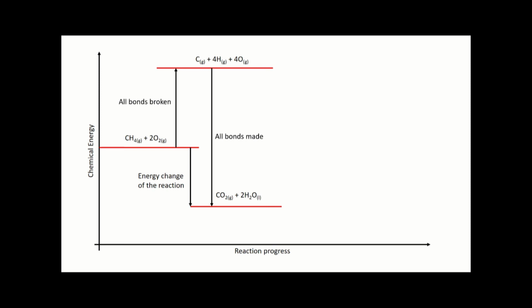All of the bonds made there is going to release an awful lot of energy. You can see that this is an exothermic reaction then, because the amount of energy I need to break those original bonds is smaller than the amount of energy that we get out when the atoms reform the bonds.